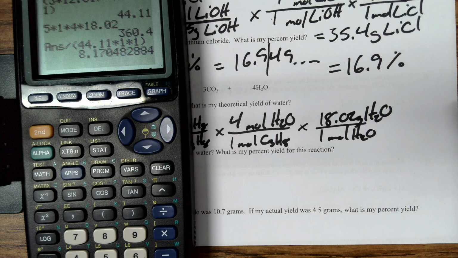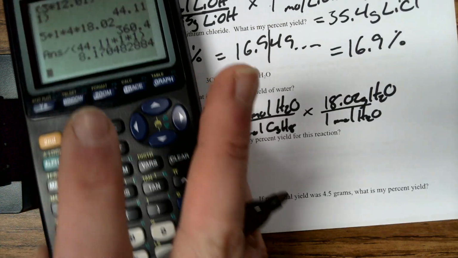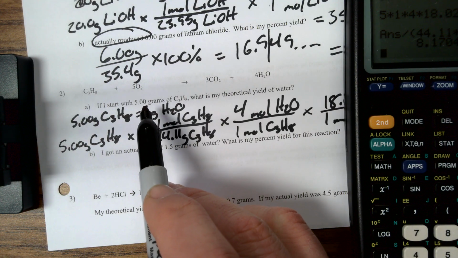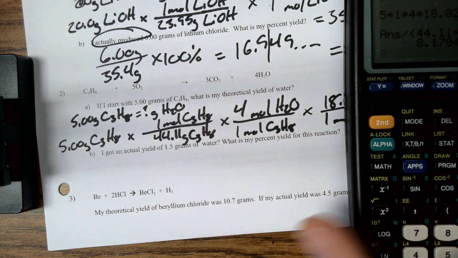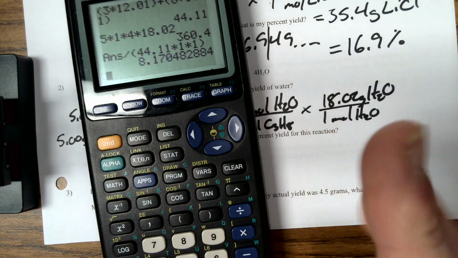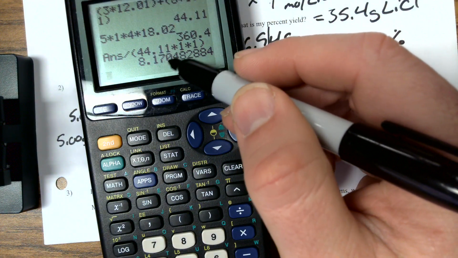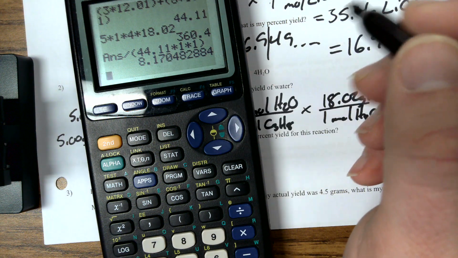How many sig figs can my final answer be? How many did I start off with? 1 or 3? Start off with 3. Therefore, my final answer I need 3. So I draw a rounding bar between my 7 and my 0. Is my 0 big enough to push my 7 to an 8?